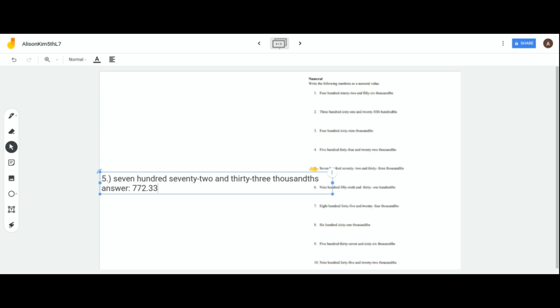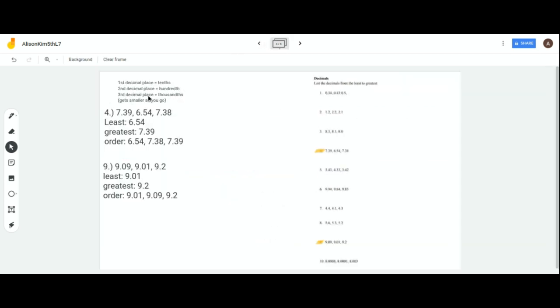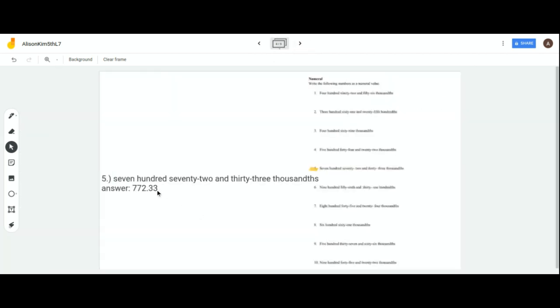Because that's not 33 thousandths, that's 33 hundredths, okay? Because the 33 thousandths, as I told you right here, it's the third decimal place. And if we put it just like this, it will be the second decimal place, which is the hundredths. So we need to put a 0 for the tenths place to make this number written in words into numerical.